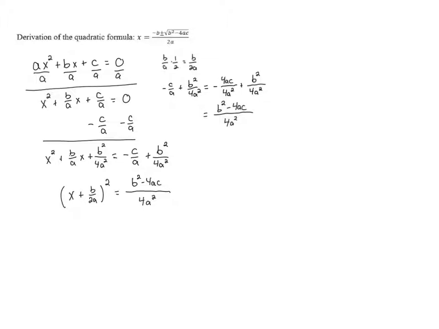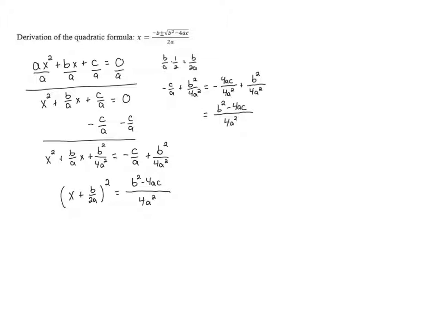So at this point, we have a quantity squared equals what is effectively a number. All of these variables represent constants in the original problem if we're actually solving a quadratic equation. So all of this ends up being a number, and so we can use the square root property at this point.